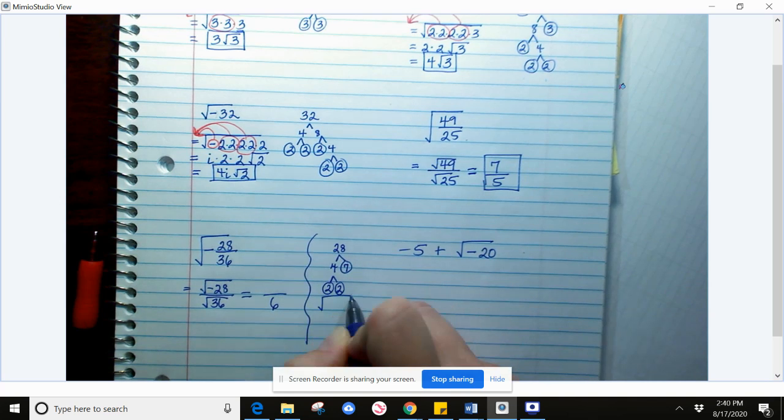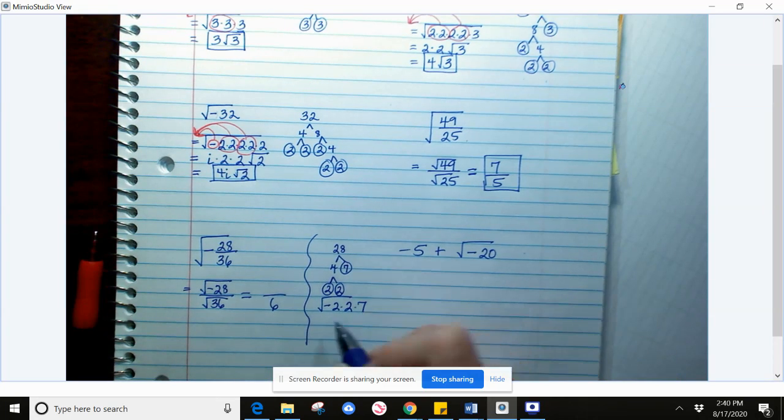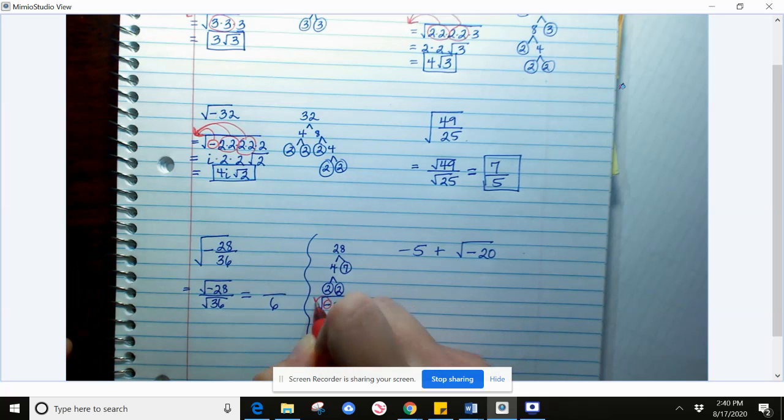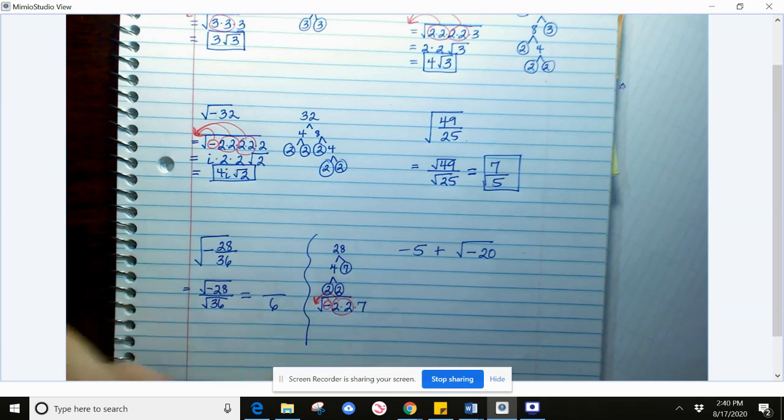So let's just look at this down here. So it was a negative. I'm going to bring that negative back over here so we don't forget that we've got to take it into account on this step right here. So it looks like we've got a negative under there. So remember, that represents your i and a set of 2's. So the 2 comes out here. And then there is a little 7 left over. All right, so transfer that back over into your fraction.